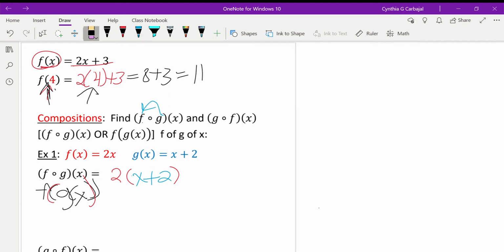And it makes more sense when it's written like this, and I'm going to rewrite it. Hopefully it looks a little bit better. F of g of x. Okay. All right. And then all you have to do there is, if you have a number outside in front of the parentheses, then we're going to distribute. So you're going to multiply 2 times x and 2 times 2.